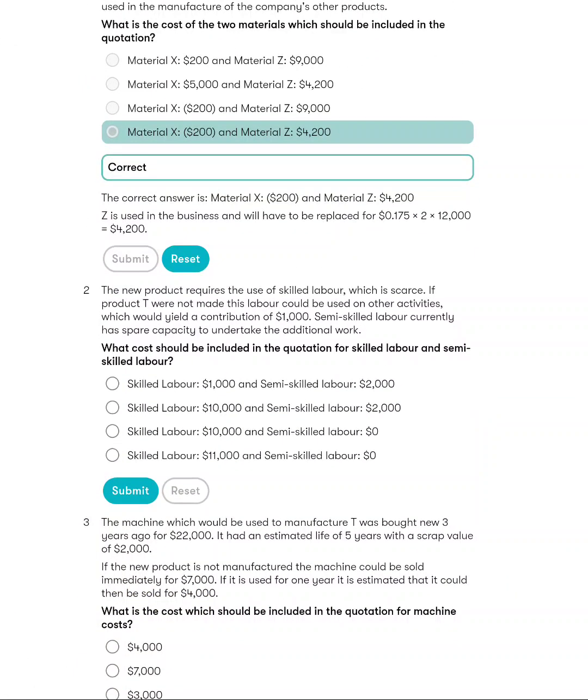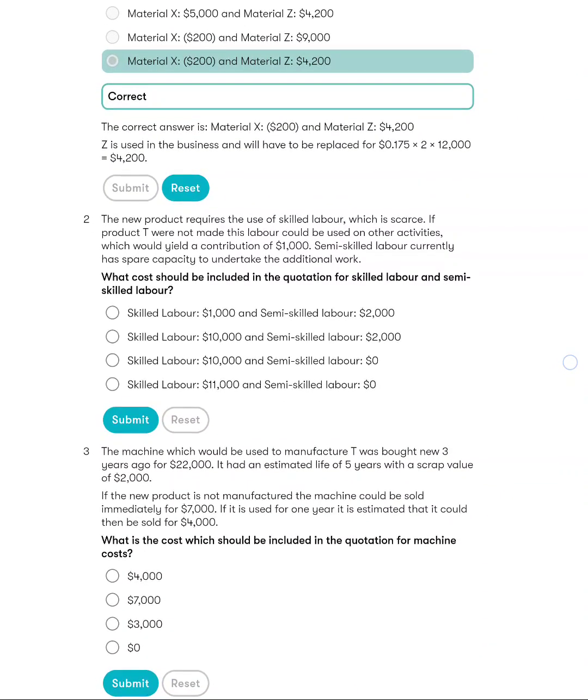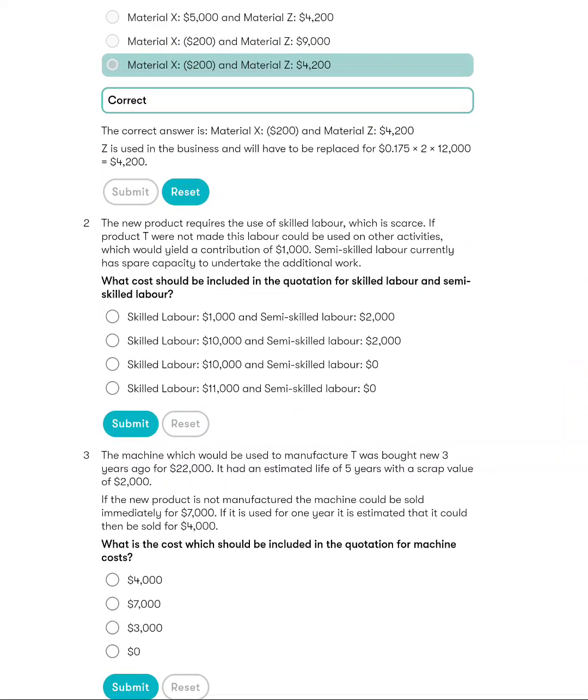The question is further asking, the new product requires the use of skilled labor which is scarce. If the product T were not made, this labor could be used on other activities which would yield a contribution of $1,000. Let me read the statement once again. The new product requires the use of skilled labor which is scarce.